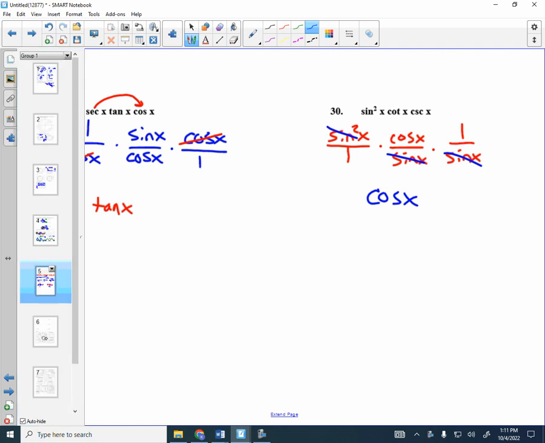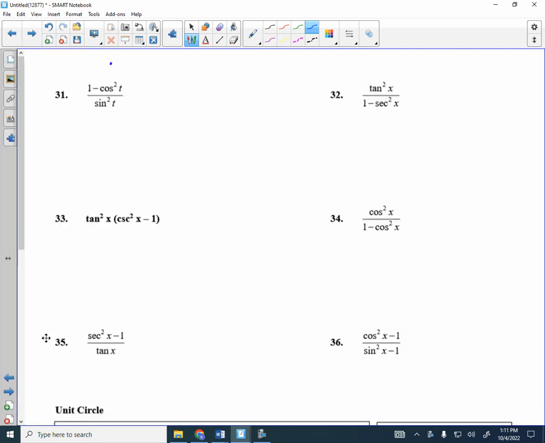Okay, let's flip it over and see what we have here. 1 minus cosine squared. What is 1 minus cosine squared? We have to remember this.